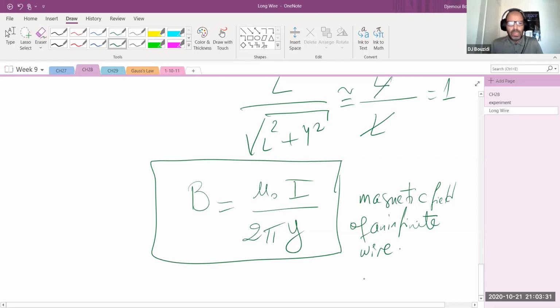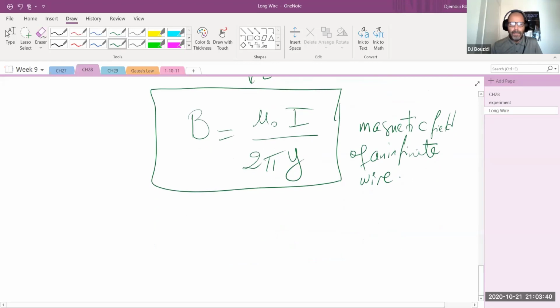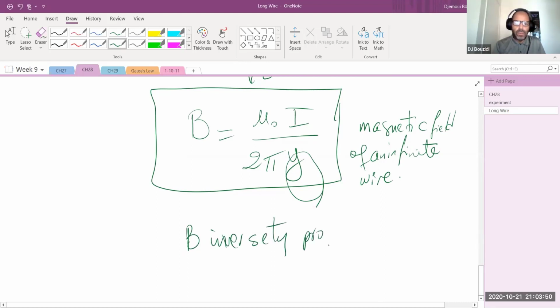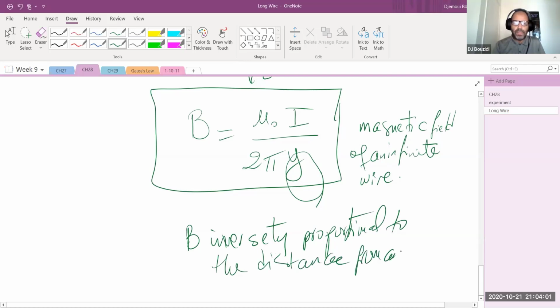The second point is that the magnetic field produced by the wire is inversely proportional to the distance y. That is the second point of discussion today that you guys need to raise. So B is inversely proportional to the distance from an infinite wire.